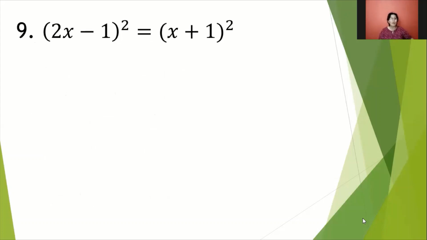Now, number 9. In number 9, both sides of the equation are expressed as the square of a binomial. You just expand the product.